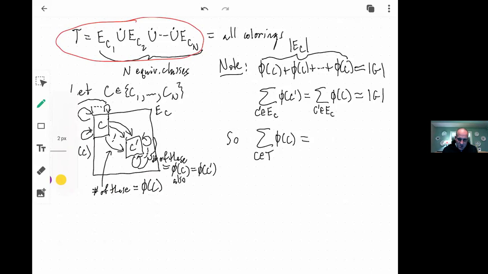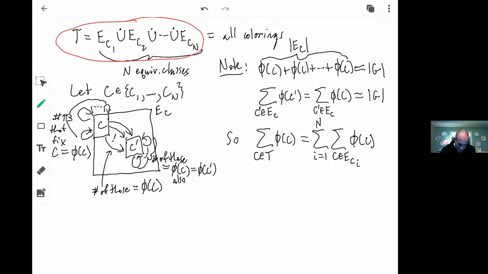So let's go ahead and do that. This is the same as the sum i going from 1 to capital N, of the sum of C belonging to the equivalence class C i, because again, T was a disjoint union of those things, and then I just go phi of C. We know, because of this identity up here, that if I add up these things, I actually know what each one of these is.